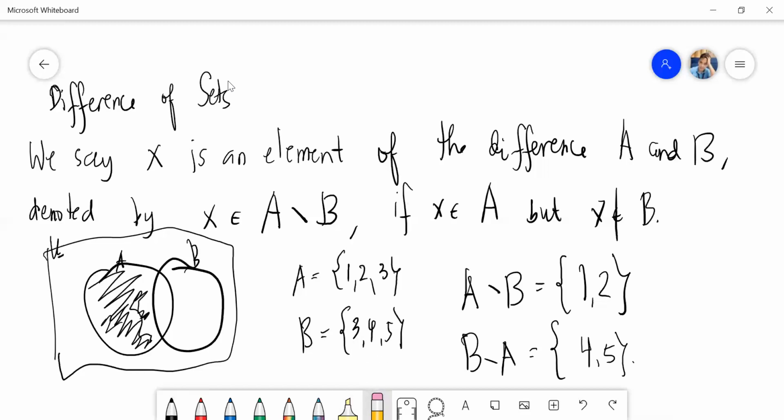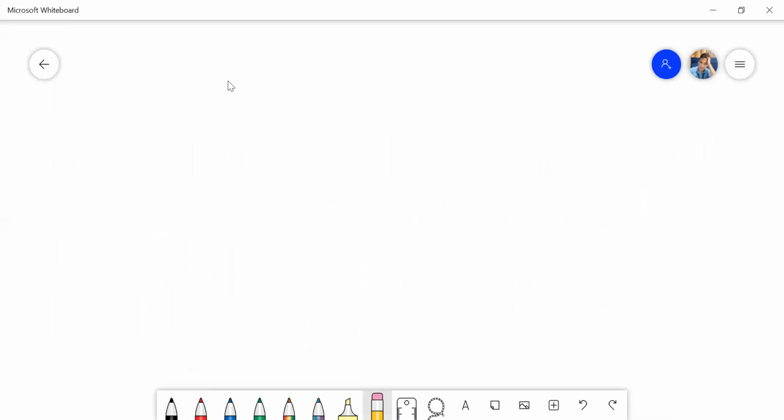Now let me introduce to you another definition here. The concept of the complement of sets.